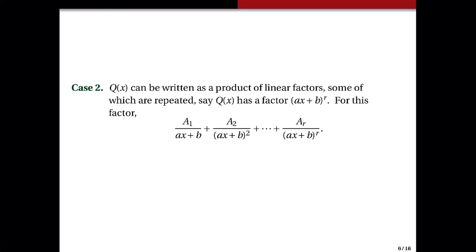They will be the denominators of the sum. And then the numerators will just be constants. So here, a1 over ax plus b, plus a2, again a constant, over ax plus b squared, plus until the last factor, ax plus b to the r. The numerator is constant.